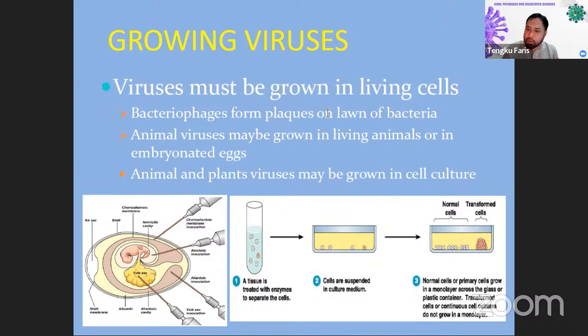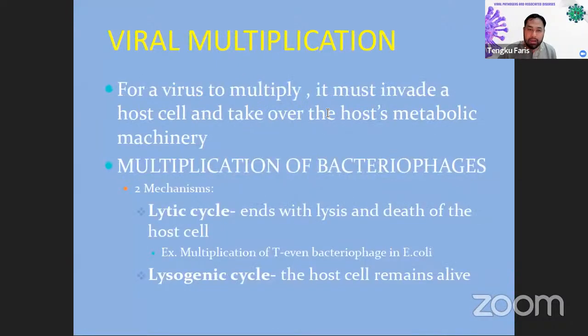The vaccine is the weakened virus, so you want to produce more and more of that virus, and after that you attenuate them, or make them weak, in order to supply to your body. Later on, your body will produce antibody against that weak virus. So this is just to illustrate how we can grow the virus in our lab.